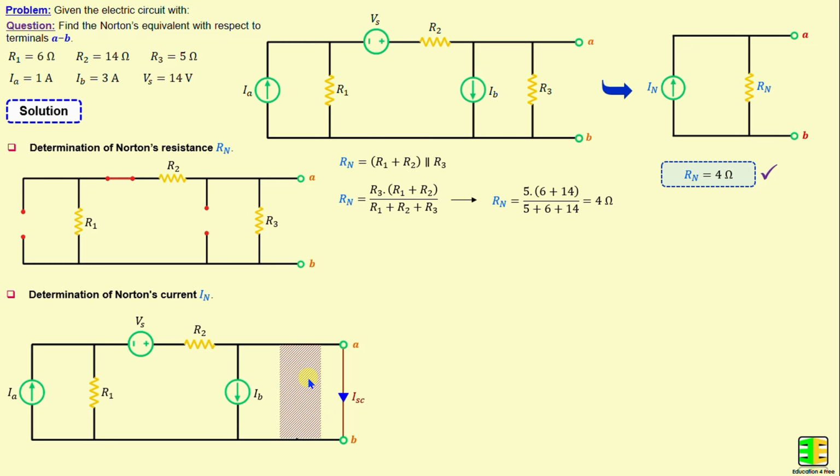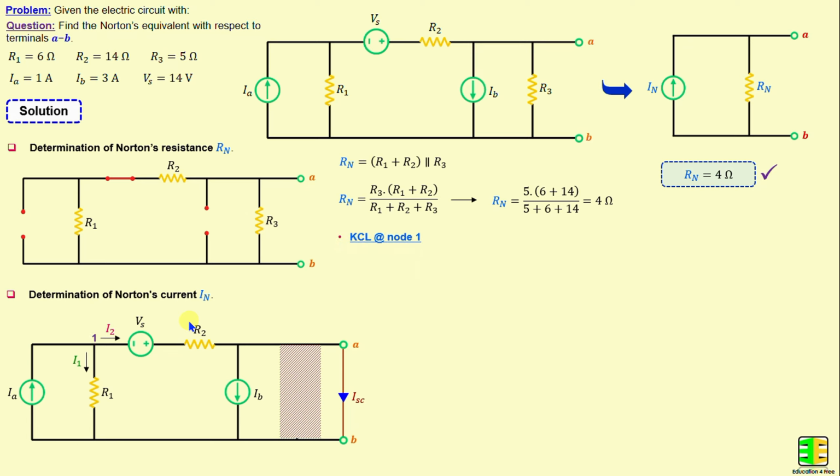To find the short circuit current ISC, I will apply Kirchhoff's laws. But first, I will consider I1 as the current through the resistor R1 and I2 as the current through the resistor R2.